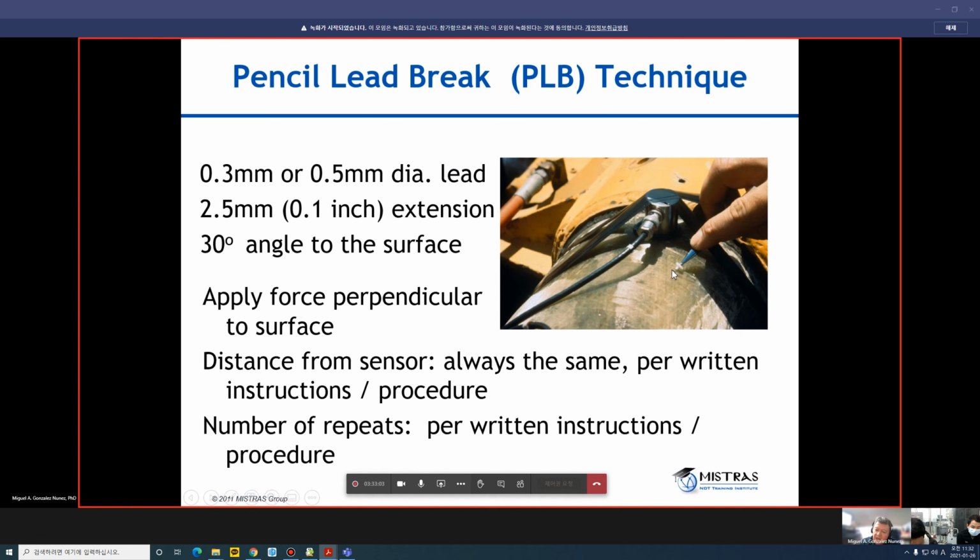And when you break the tip of the pencil, you are releasing energy. That energy is going to propagate along the surface and eventually reach the sensor. So you know that breaking the pencil every time is a known source. It's a uniform source and is repetitive.